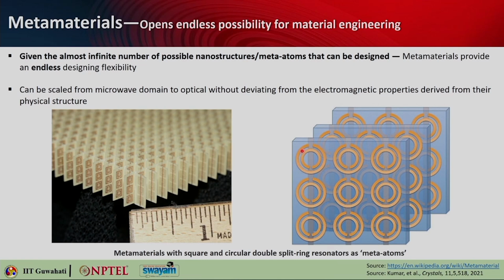If you change the material from copper to some other material, say gold or silver, there will be slight variation. That is why I mentioned that the property of the metamaterial depends mainly on the physical structure, not as much on the constituent material. There will be slight deviation if you change this ring from one material to another, but mainly the property that you are seeing is coming from this double circular split ring kind of structure.